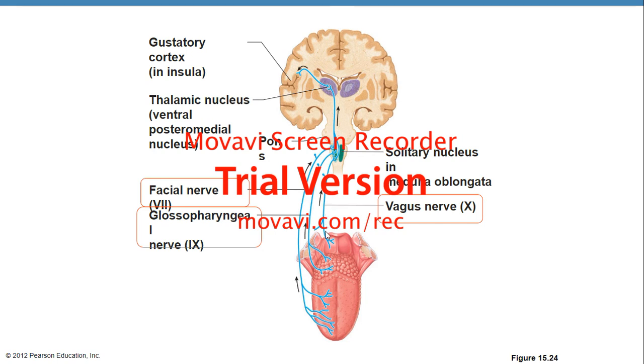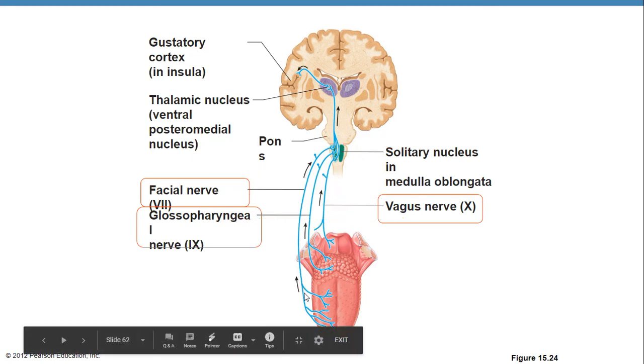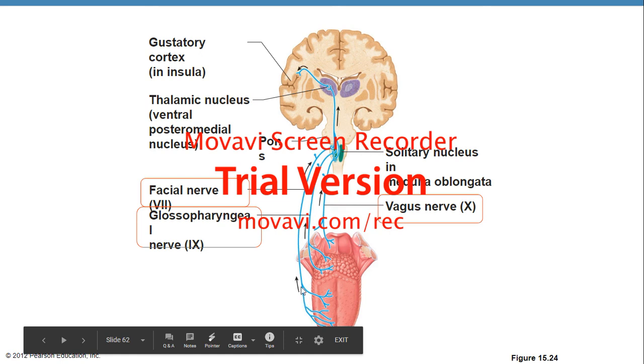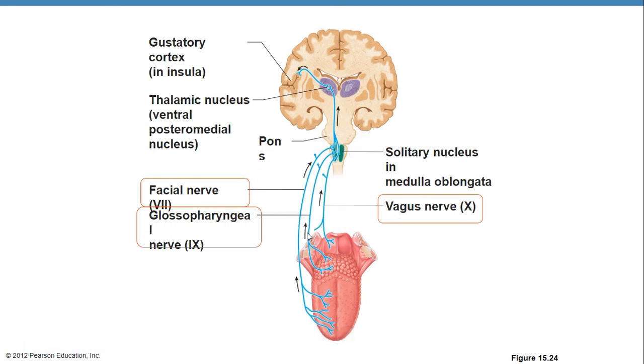So the vagus is going to the epiglottis. The facial nerve is innervating the more tongue area, and the glossopharyngeal nerve is innervating more of the pharyngeal area.